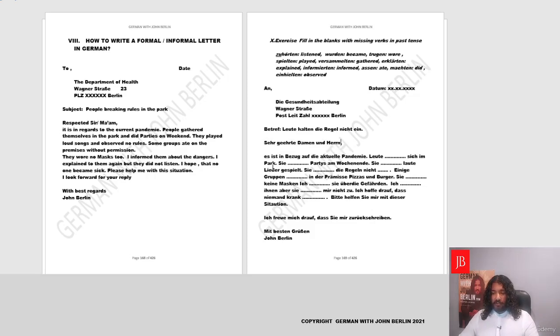If it's a formal letter and you don't know if it's a male or a female, then you'll basically write respected ladies and gentlemen. Genau, that's the same here.